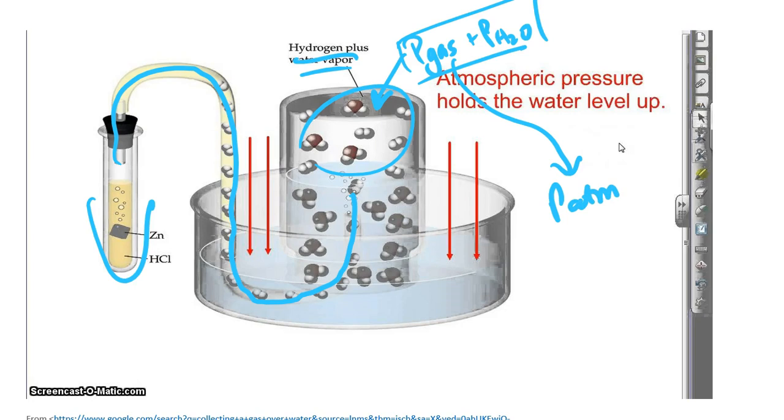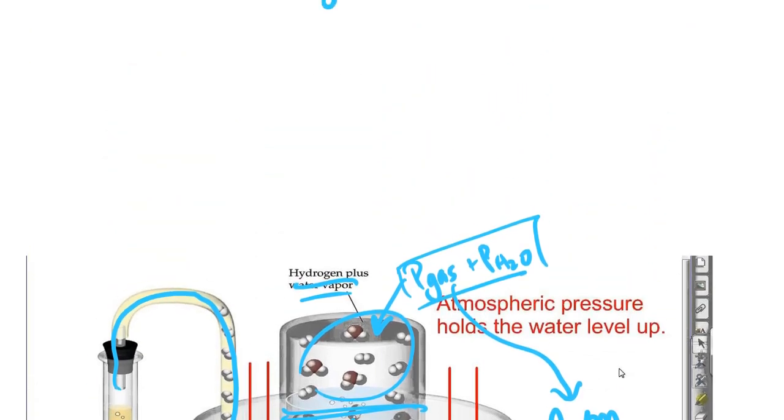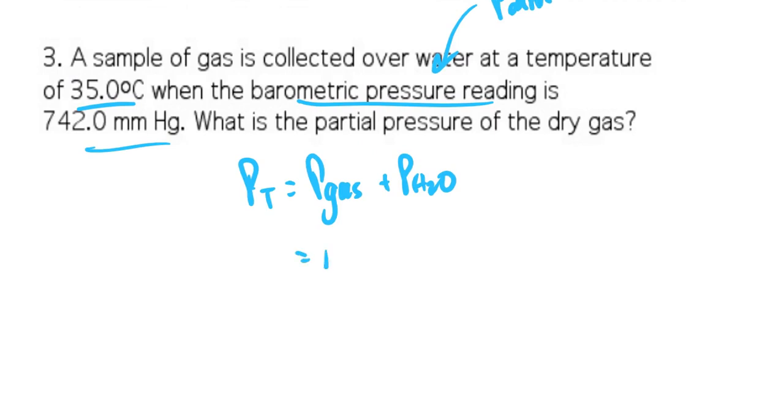This is done by manipulating the experimental conditions so that the level of the water within the container is equal to the level of water in the basin that holds the water underneath the apparatus. We'll discuss this more in class tomorrow. And so I can use the atmospheric pressure as an approximation of the total pressure of the gas mixture, which comprises the gas of interest and the water vapor.